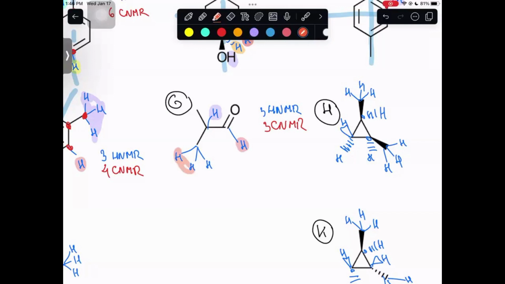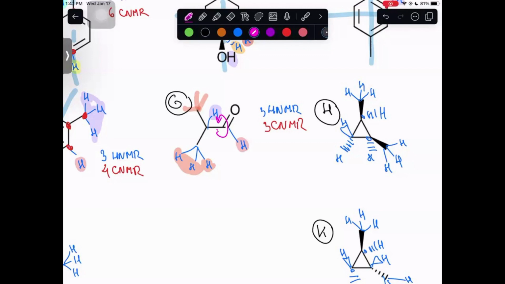And then we have the methyl group. But what about the little hydrogens on the top of the methyl group? Why are they not different? Exactly. There's a little plane of symmetry right in the middle. Now, keep in mind, single bonds constantly rotate, meaning that they're going to be exposed to the same exact environment. Okay.